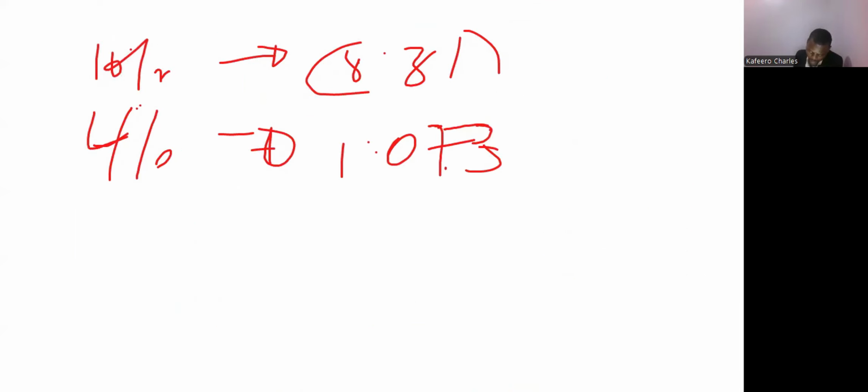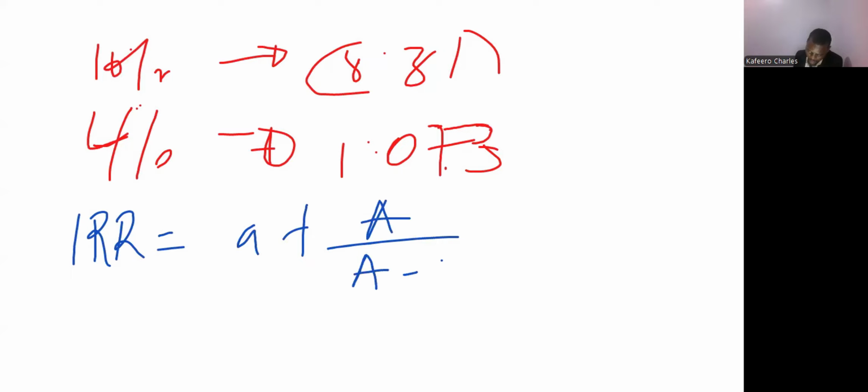We said IRR equal to A plus capital A over capital A minus capital B into B minus A. So we said Capital A, that's our lower rate. Of course, this is 4%. We can just put them in 2 decimals.